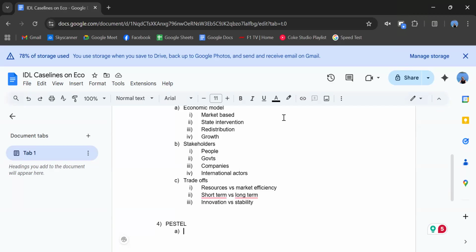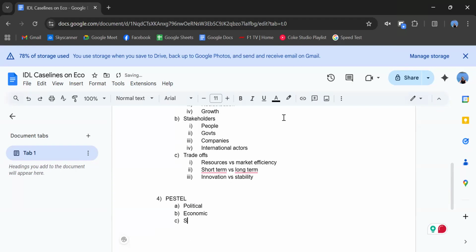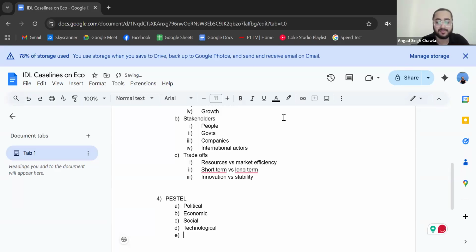Yeah. So PESTLE is basically a strategy to analyze the political, social, technological, economic, and I forget legal impact of a law or policy.